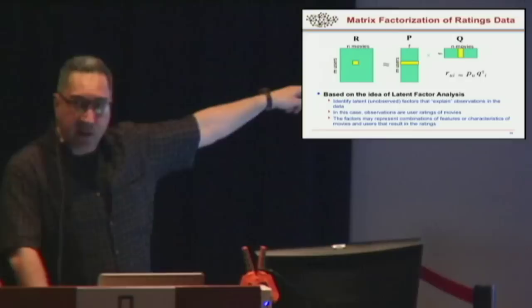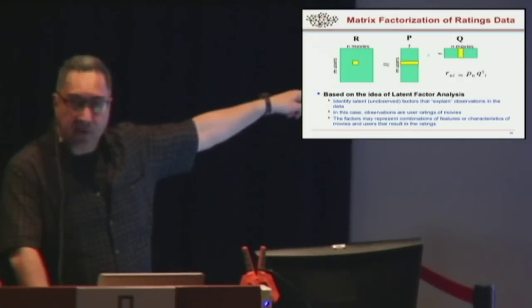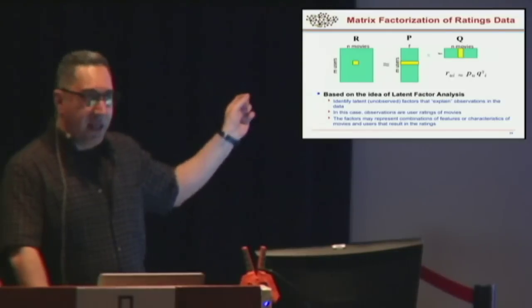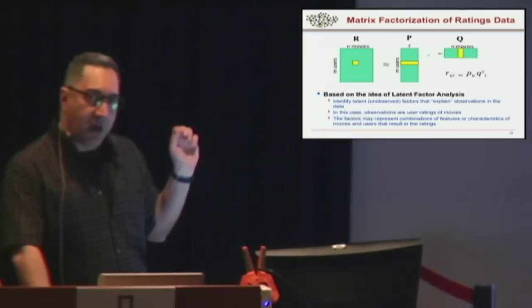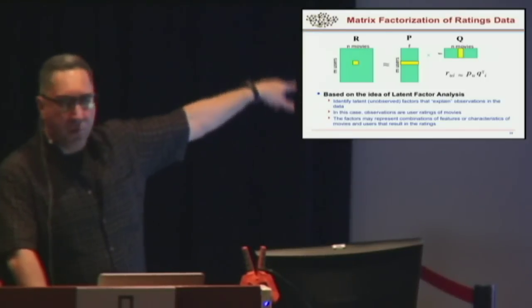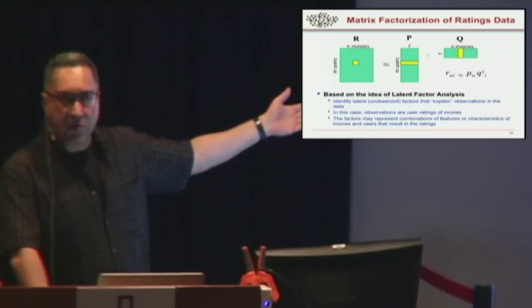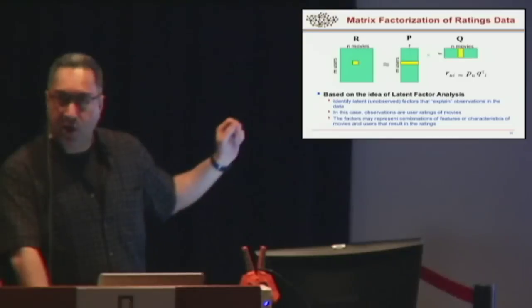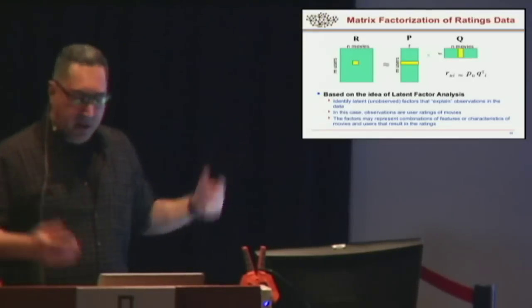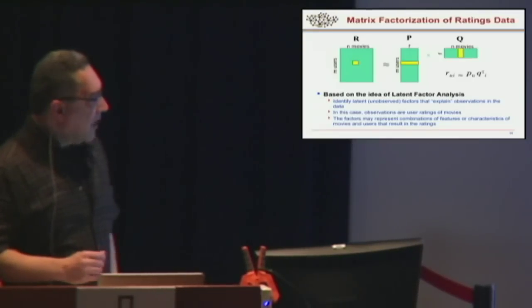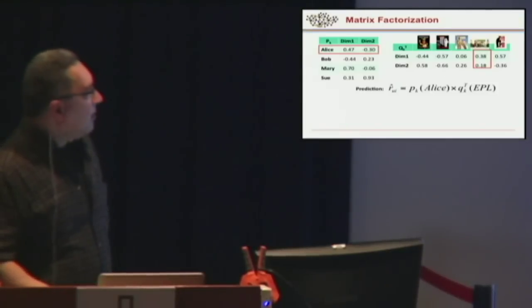That gives you just one cell in this original rating matrix. That's an estimation, right? So you're estimating this rating simply by doing this product. So the big part of the work is just learning these two factor matrices. Once you have that, essentially in constant time, you can generate the predictions for users as they're visiting the site or whatever. So that's the basic idea of matrix factorization.